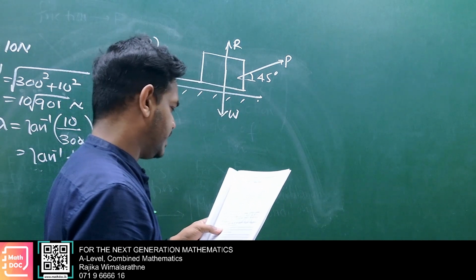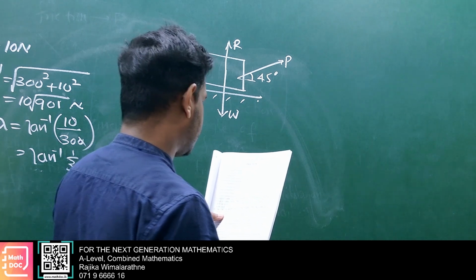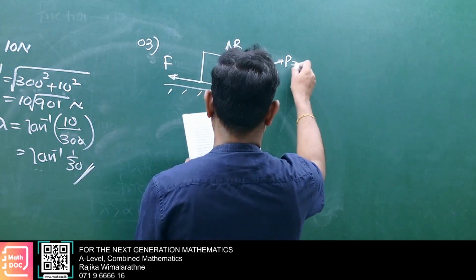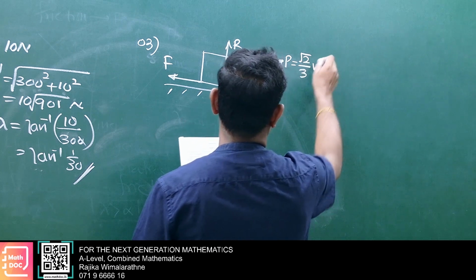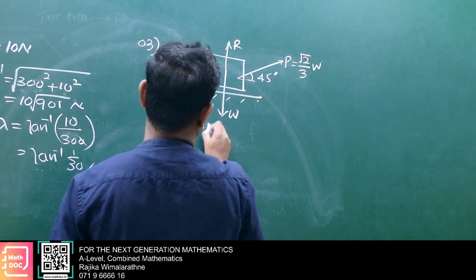If the force P gradually increases, it begins to slide when P equals root 2 divided by 3 W. Now it is in limiting equilibrium.